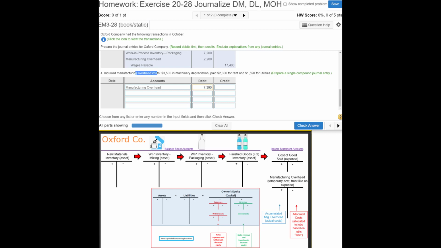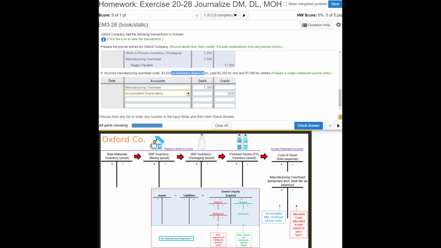But we need the credits. So we have machinery depreciation, 3,500. So this is going to be accumulated depreciation. Now remember, accumulated depreciation lowers assets. So it increases on the opposite side of assets. So we've got depreciation, 3,500.